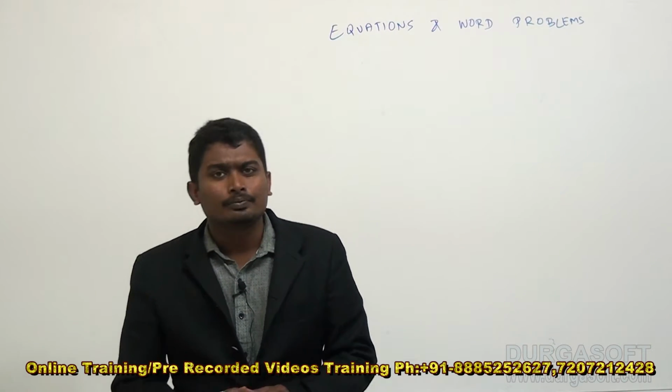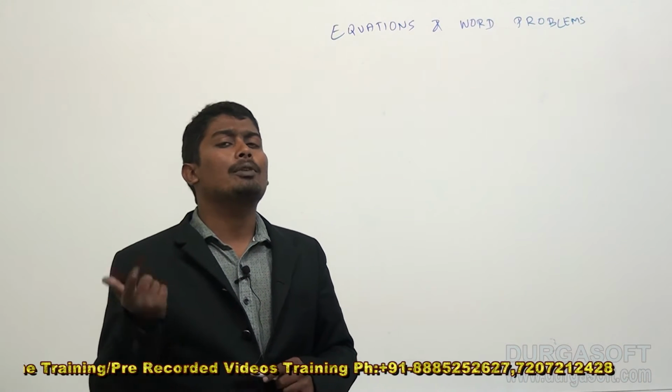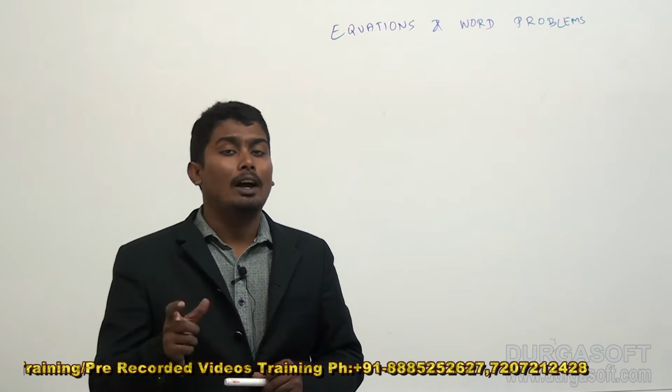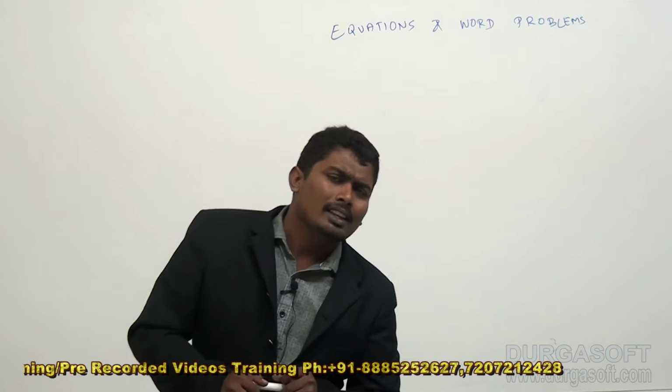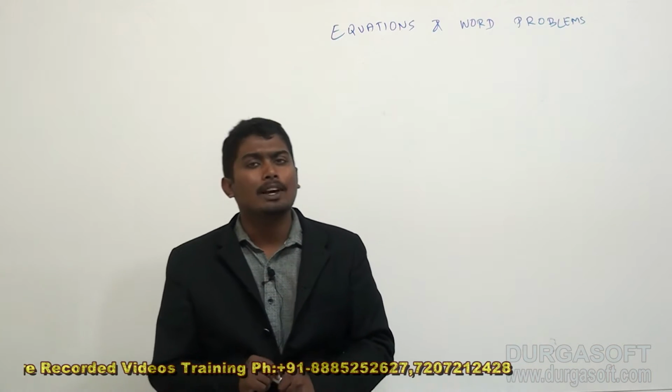Next question. Till now we saw questions where the equation will be given and you will be asked to find the solution. However, there might be some cases where you will be given the solution and asked to frame the equation.